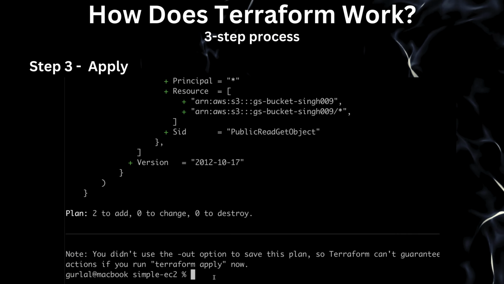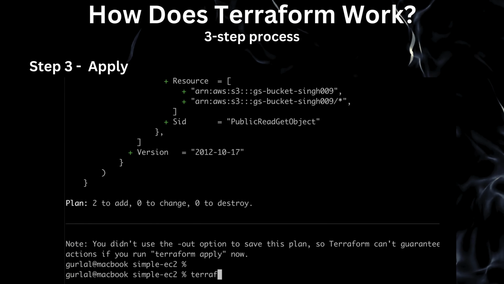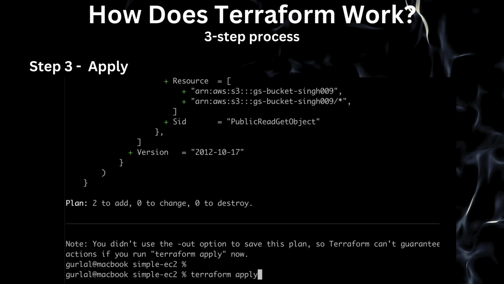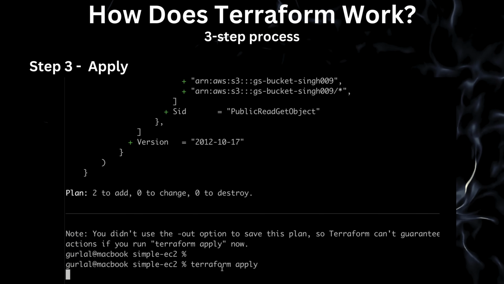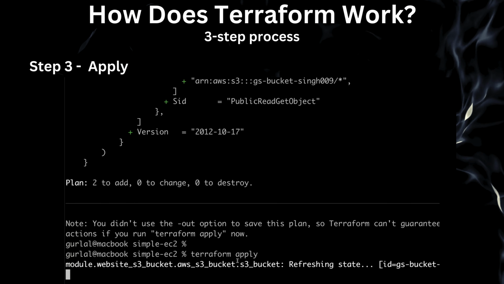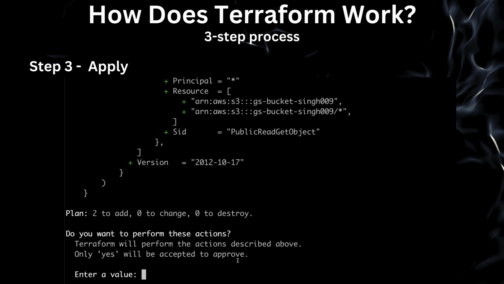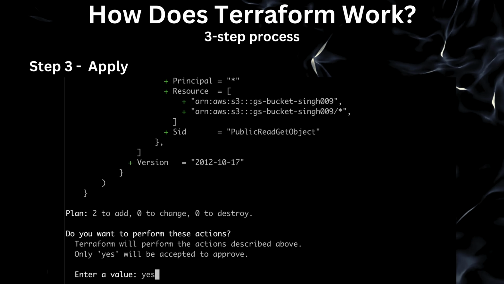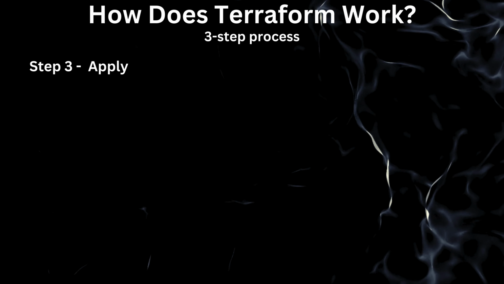Once you have the plan reviewed, you could run terraform apply command, which essentially executes your changes as you specified in your configuration file. This will delete, create, modify the resources as you specified in your configuration file.